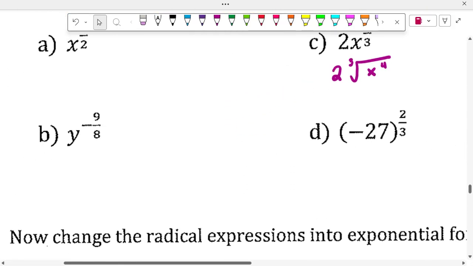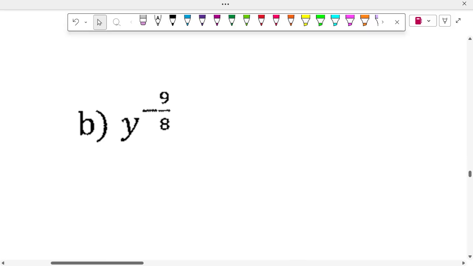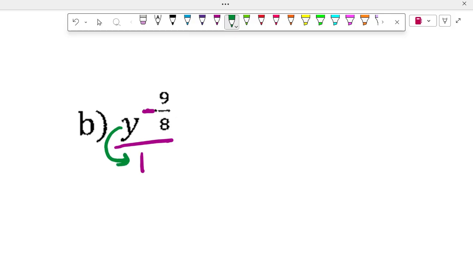Now, look at B. Be careful with this because technically this is negative, which means what rule applies? The negative rule. So I got to move this y to the negative 9/8 to the bottom before I can convert it.